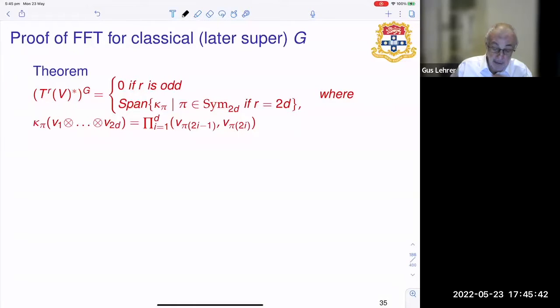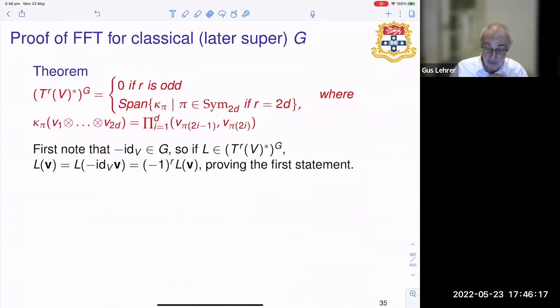Now, kappa pi of some tensor is nothing but the product of the inner products, where you apply first a permutation of 2D, take a place permutation, and then pair them up. You pair up adjacent things.